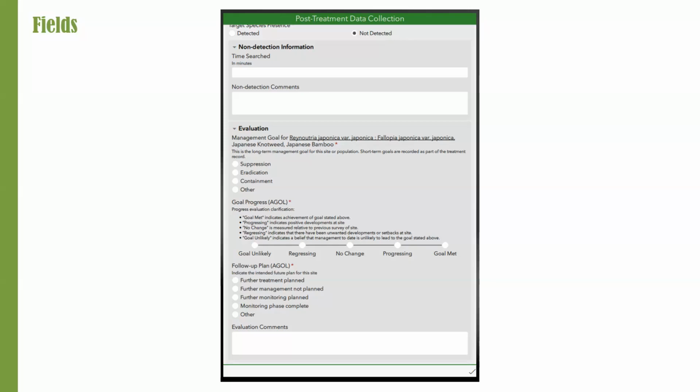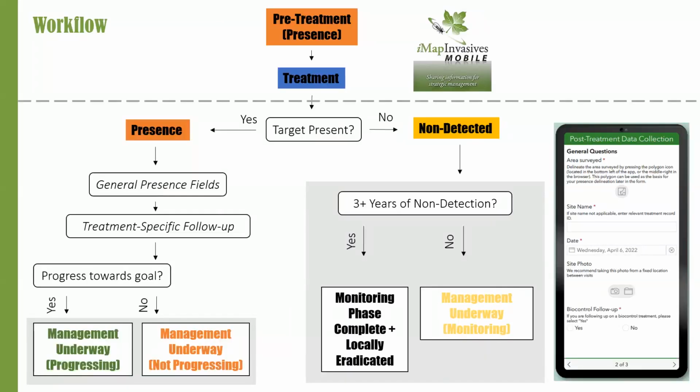And so we had a handful of folks from different PRISMs and state agencies basically go out and use this at a couple of sites. We also talked through the basic workflow to get on the same page. So the basic workflow for collecting post-treatment data with this app is you should already have a pre-treatment and treatment in IMAP. So that's the treatment and pre-treatment, and then the post-treatment, everything below that dashed line flows into a fairly simple flow chart.